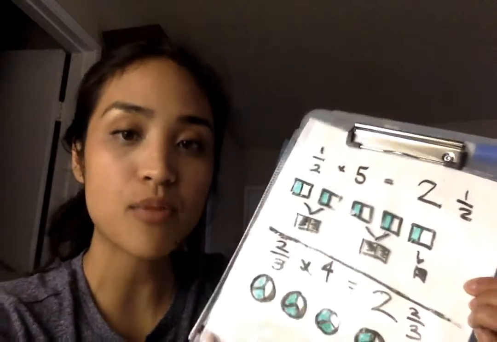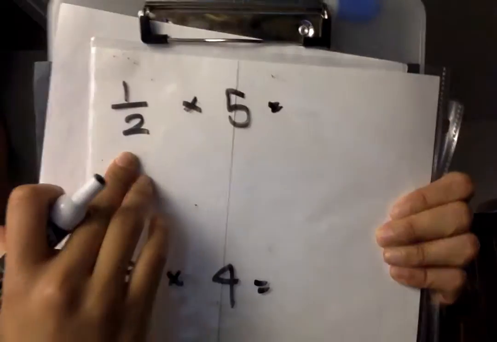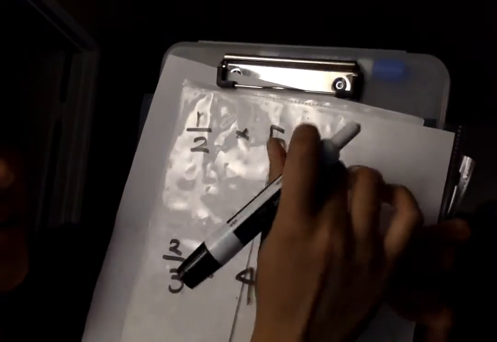Okay, now that I've shown you with pictures, let's go into the arithmetic. I'm going to copy these problems on the back: 1/2 times 5, and 2/3 times 4. Now I'm going to show you without pictures. 1/2 times 5.